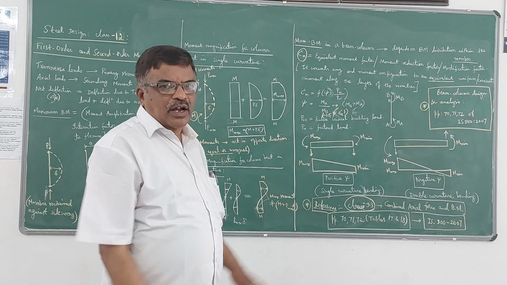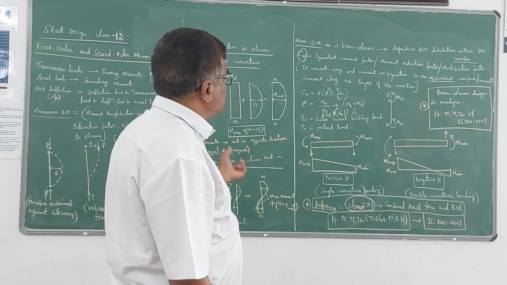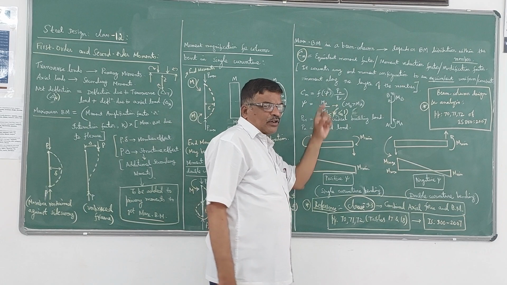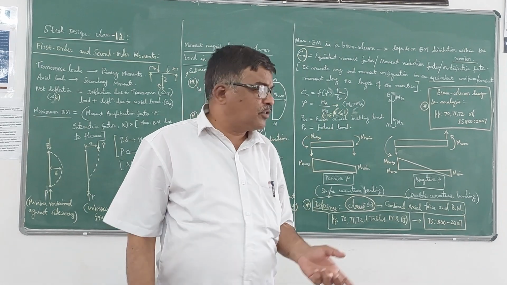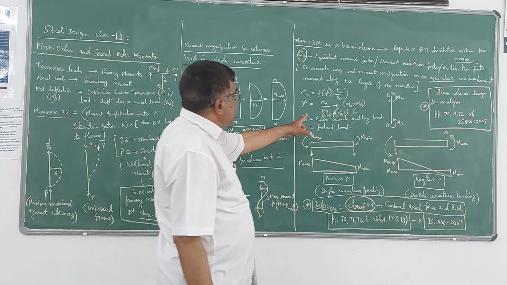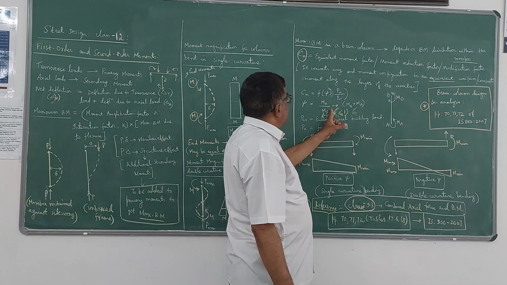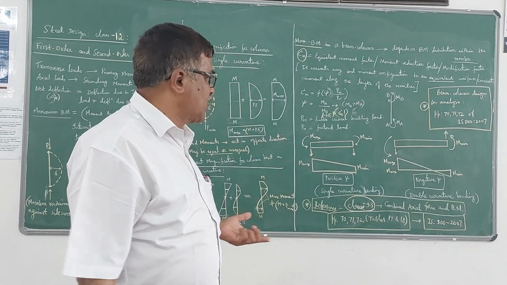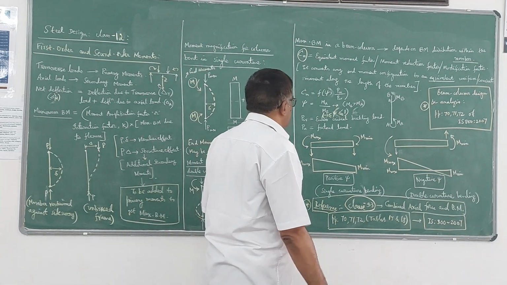Later on we will see how to take the ratio: take the higher value in the denominator, the lower value in the numerator, and of course how to take psi as plus or minus I will tell you. So here if MA is equal to MB, then this psi value will be equal to plus 1 or minus 1. Okay, so that is the maximum or minimum value.